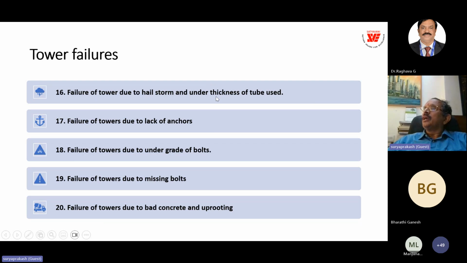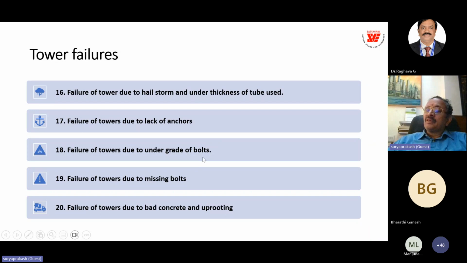But in addition, we also found that the thickness of the tube that was used is below the design thickness. So that was also one of the causes of the failure. Next is lack of anchors, and failure of towers due to undergrade bolts. This is also very interesting.